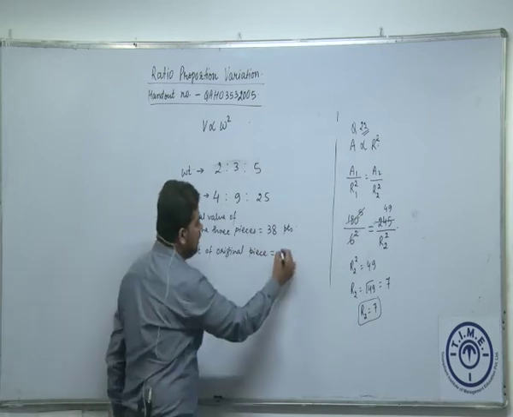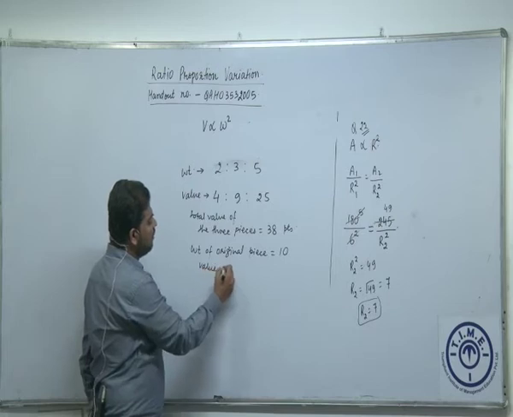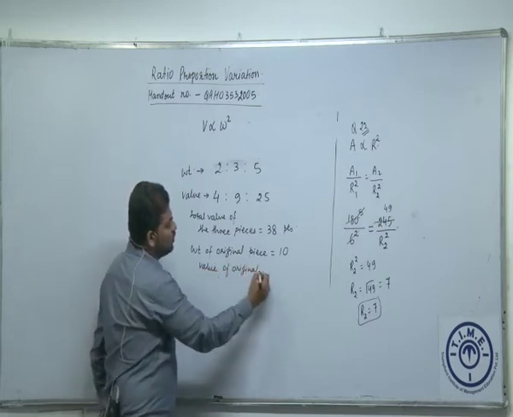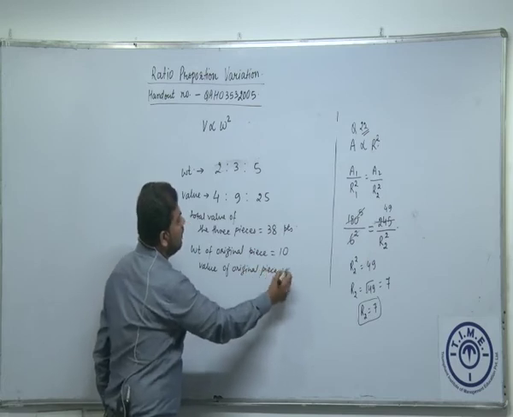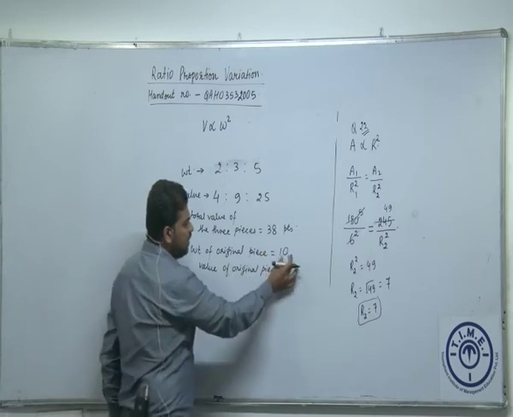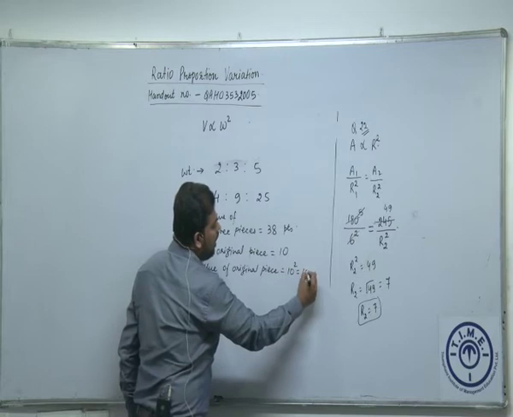How much is that? 10. So what was the value of the original piece? What is the value proportional to? Here, value is proportional to the square of the weight.